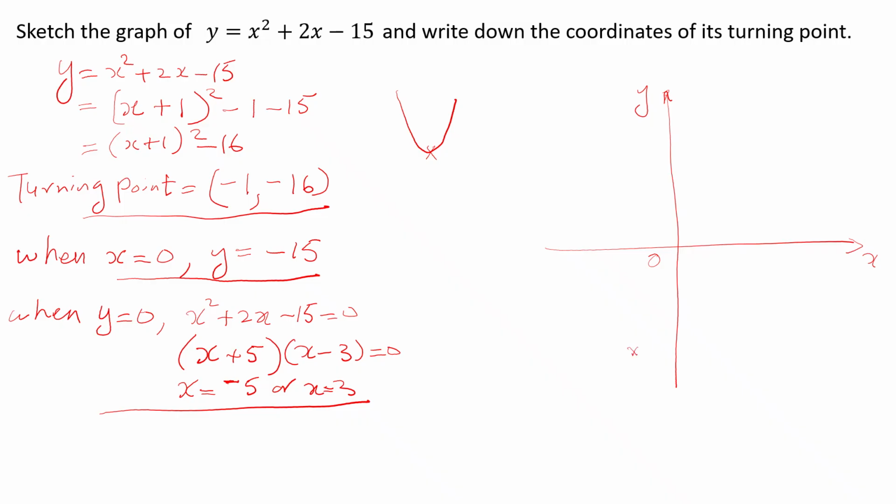Then x equal to 0, y equals negative 15. When y equals 0, x equals 3 and negative 5. Our graph must be like this.